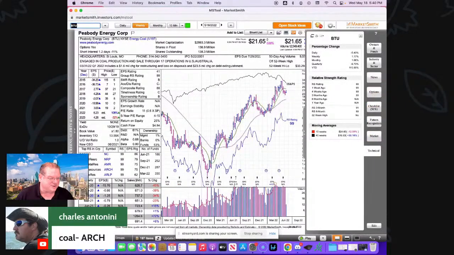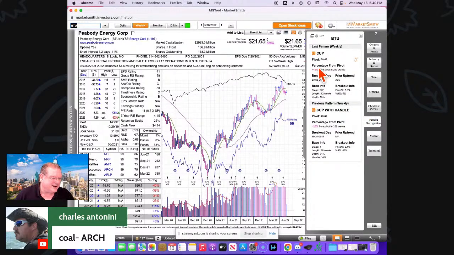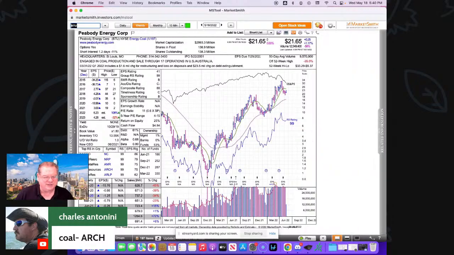It's only a 56 relative strength, so probably not what you want. Let's see where the last pivot was. That was basically a pivot at 39.45. Wow. Okay, so it's well below that. It's basically moving lower, so you don't want to do Peabody. That's not going to work very well.